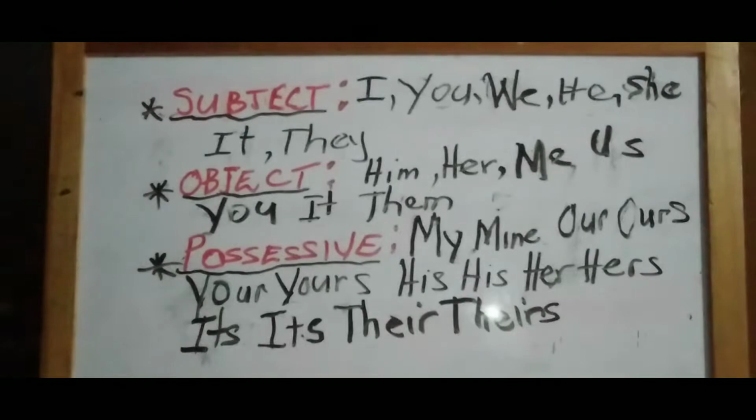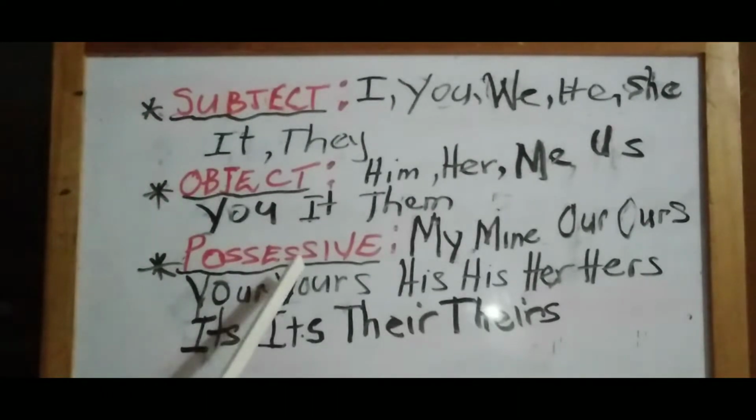Now, the object is the receiver of the action. It is the part of the sentence that receives the action, and in most cases it comes after the verb. So we have pronouns that represent subject, and pronouns that represent object. The object is usually a noun or a pronoun as well. I'll explain further a little later on.